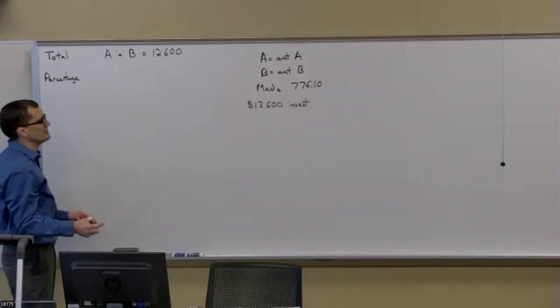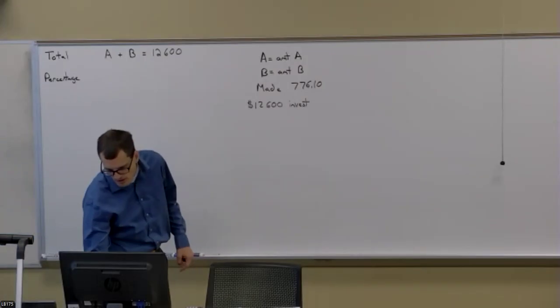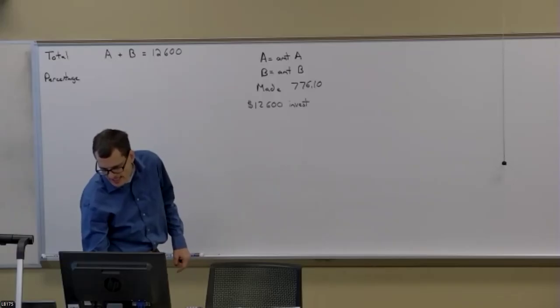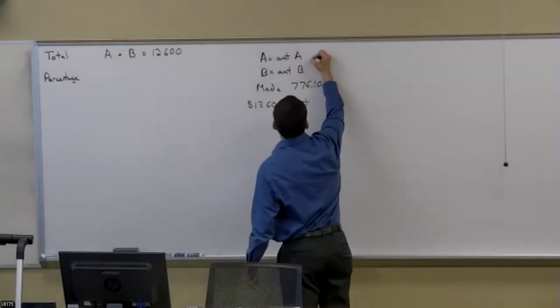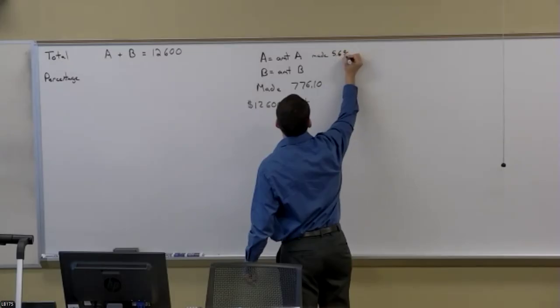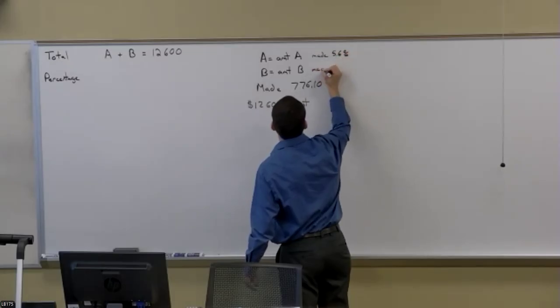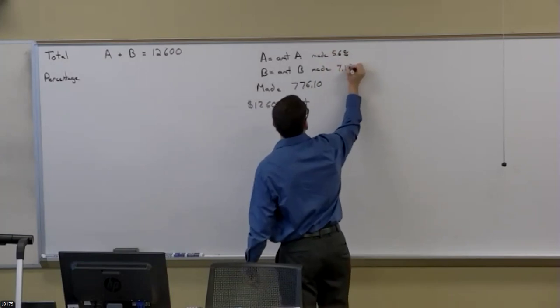Now the percentage equation, if you recall, A made 5.6%. B made 7.1%.